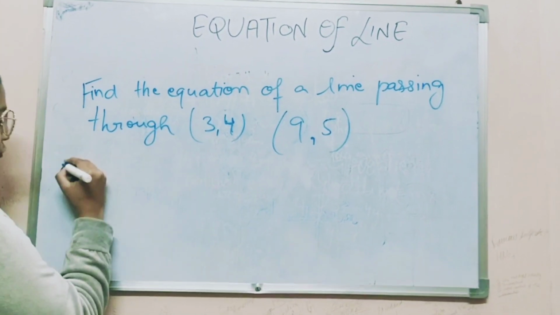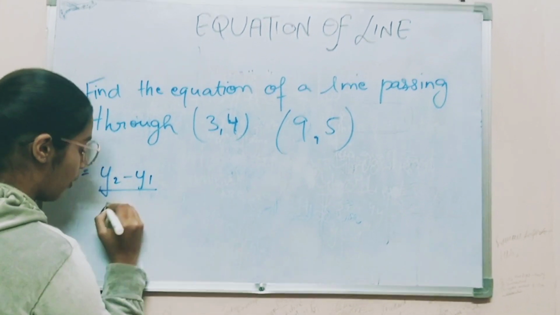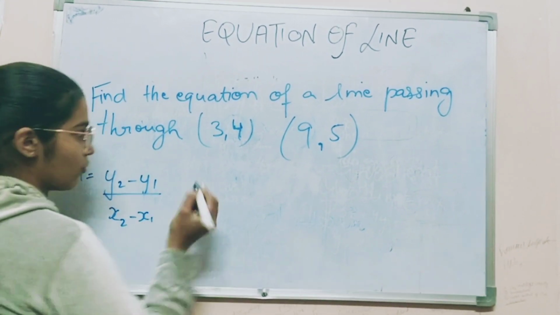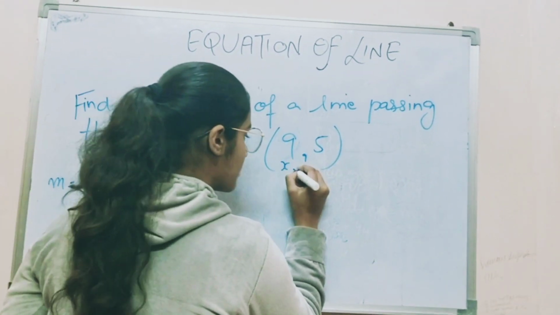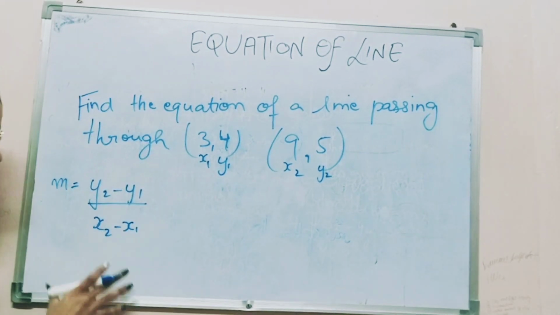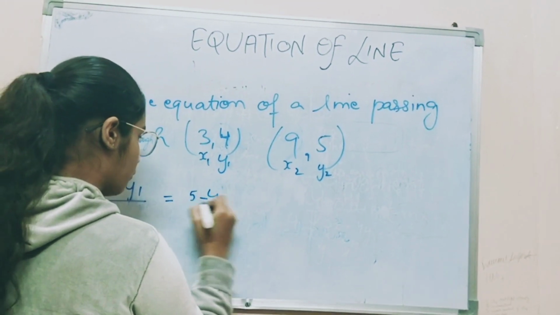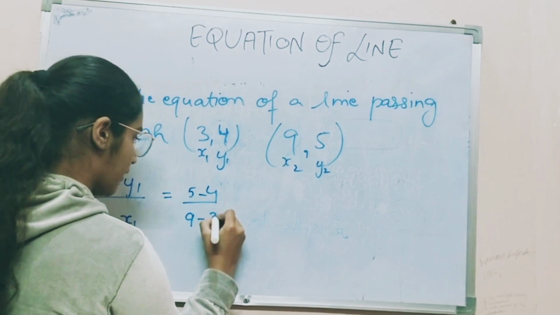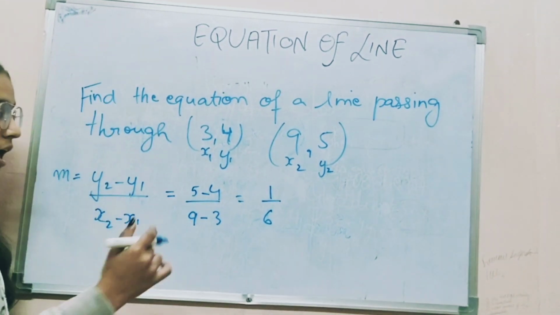So let me show you. First we are going to find the slope. This is our x1, this is our y1, this is our x2, this is our y2. So let me find the slope. It is (5 minus 4) upon (9 minus 3), so 1 by 6. So this is our slope.